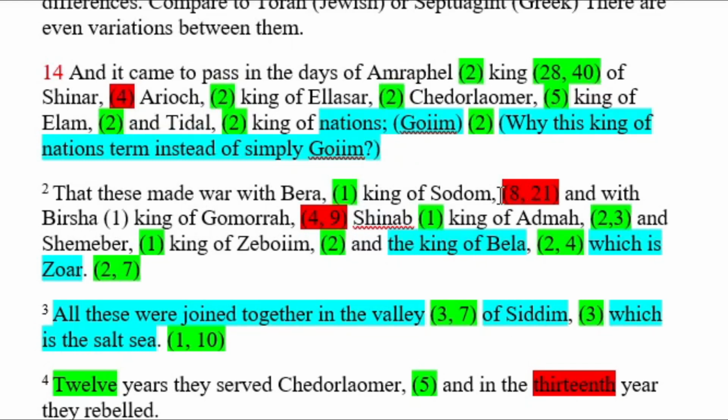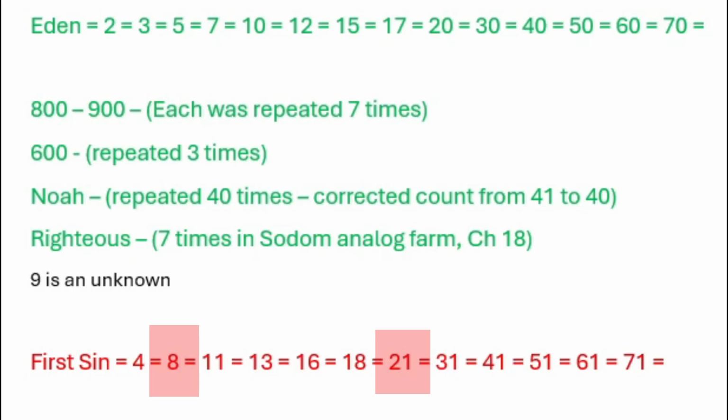If I look up Sodom and go to Genesis and find out how many times Sodom is repeated, in this chapter 14, it is repeated 8 times, which is what? 1/7. And throughout Genesis, it is repeated 21 times, which is what? 1/20. You see that? Gomorrah, 4 and 9. 9 is an unknown. 4 is 1/3. So we've got an issue there, but 9 I'm not certain.